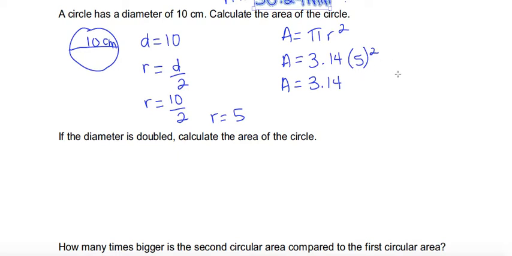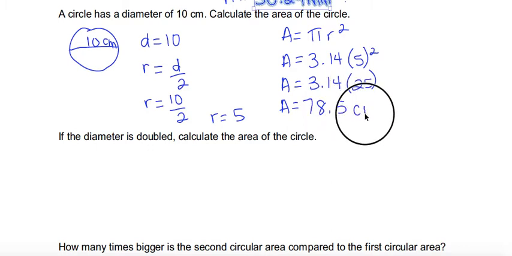You don't need to write it down like we did before in the other question. So if you can use your calculator to figure out 5 squared, or if you know that 5 times 5 is 25, you can write that expression right there. So then the last thing you need to do is to calculate that. So 3.14 times 25 is the same as 78.5. My units are centimeters squared.